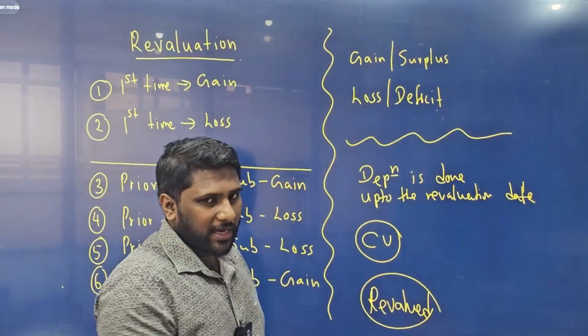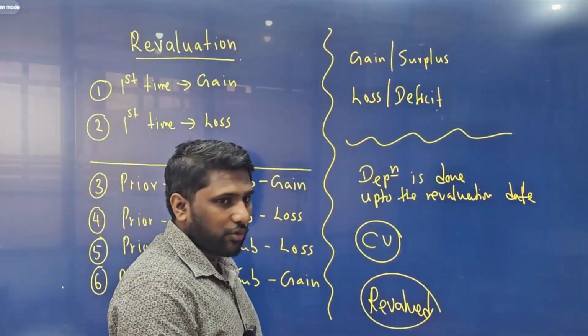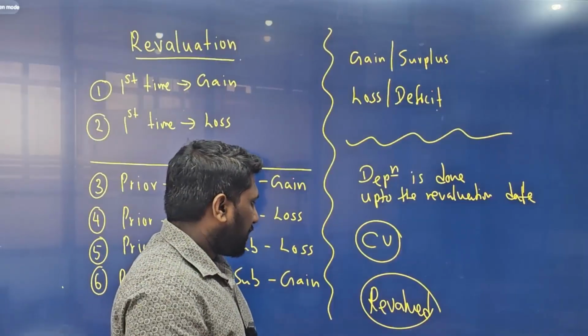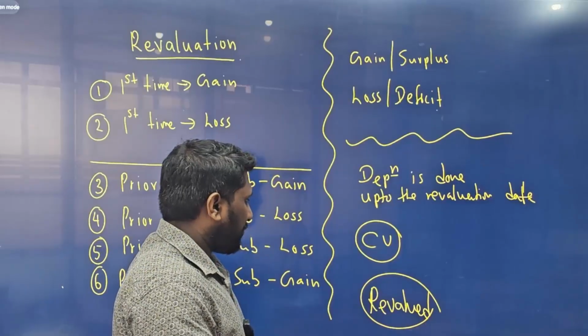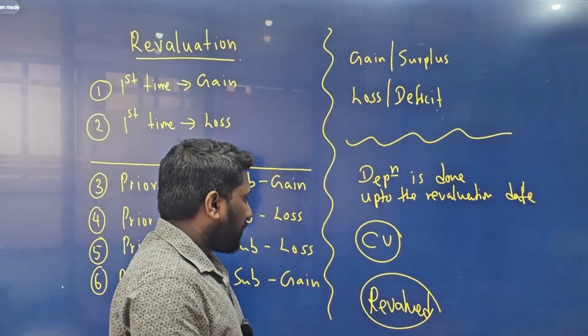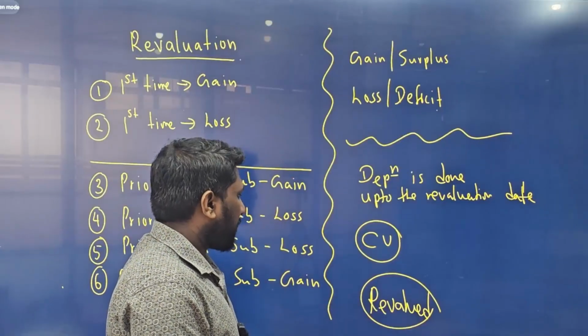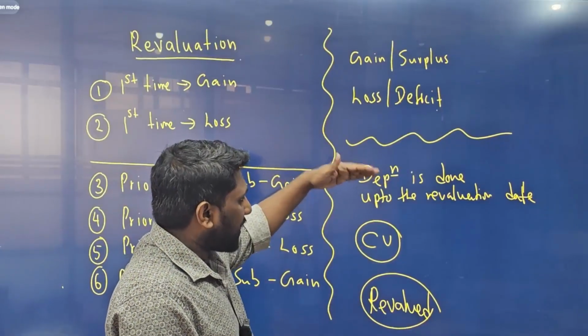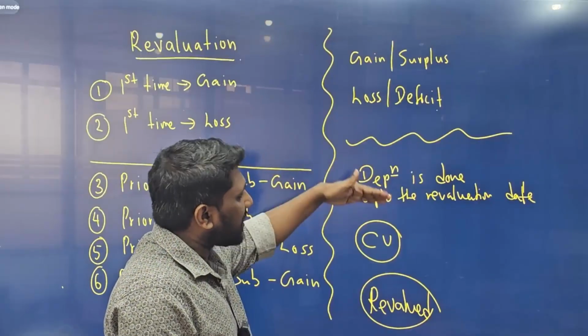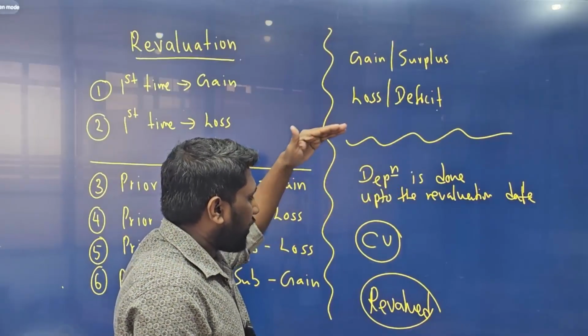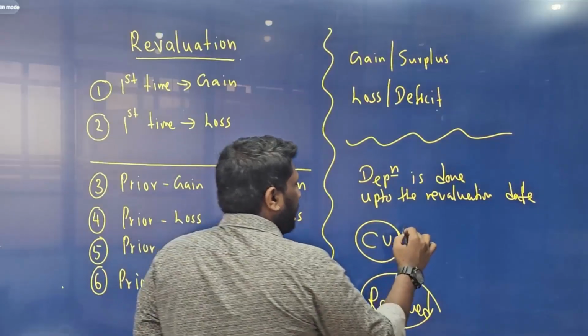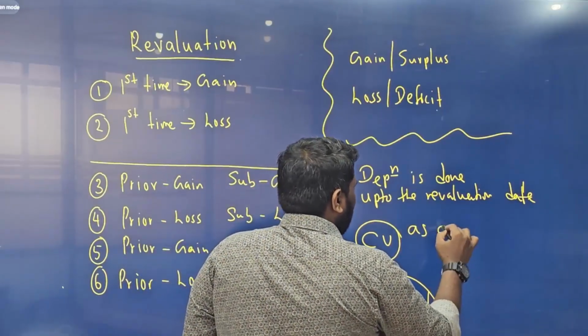Except for land, which doesn't have a depreciation. Now don't keep that point as a wrong thing. For other assets, the assets which have depreciation, ensure you have done the depreciation up to the revaluation date and you have calculated the carrying value as at revaluation date.